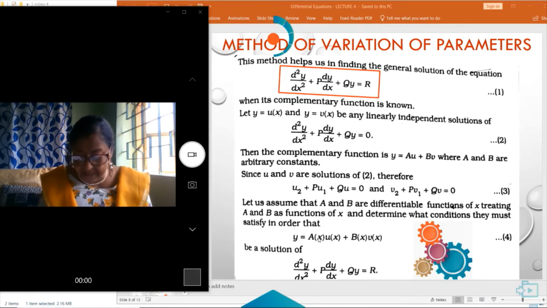Let us assume that a and b are differentiable. Here a and b are not constants. A and b are differentiable functions of x.